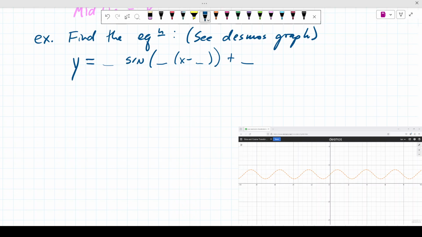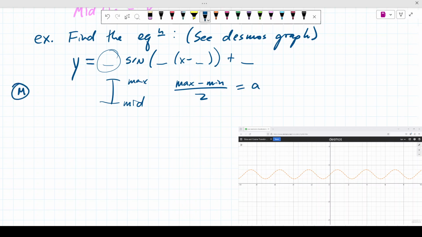So I'm looking at it. First, let's get A. A is the amplitude. It's the distance from the midline to the max. Or what I tend to prefer when I'm given one like this is the max minus the min divided by 2. That's going to be A. That's worth memorizing, actually. Max minus min divided by 2.